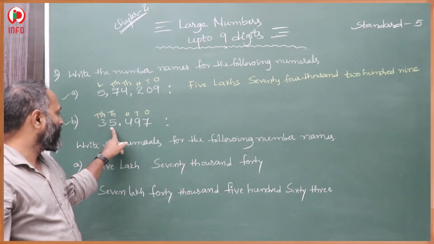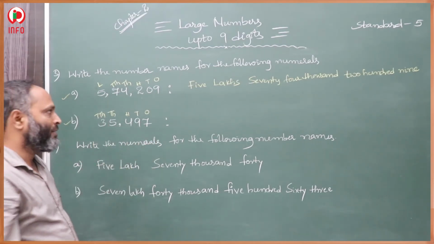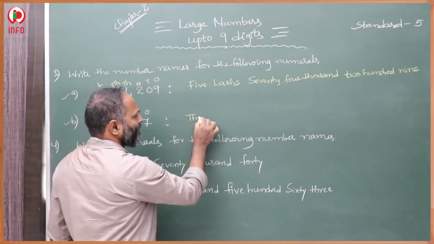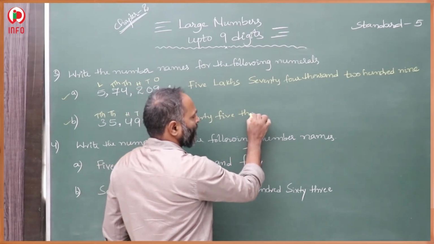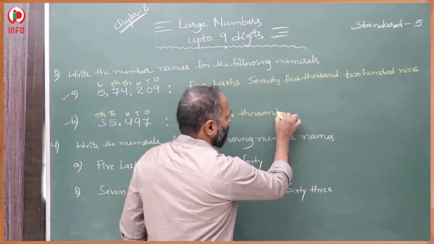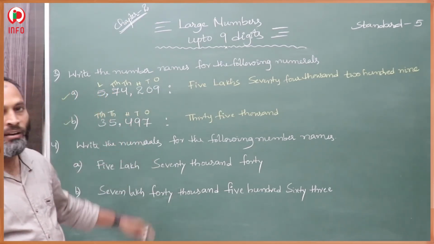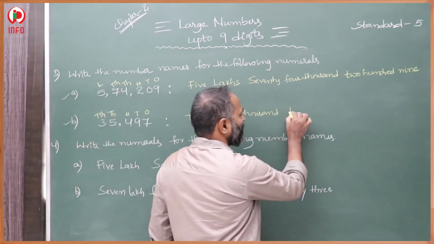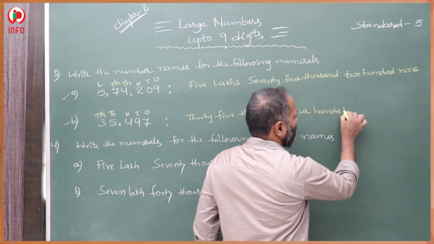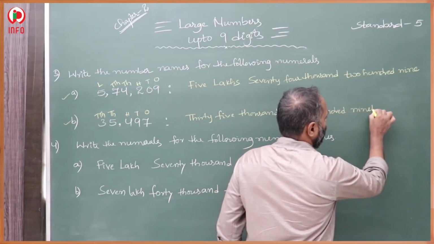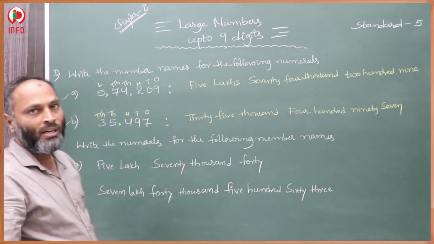This is the thousands period, this is the ones period. 35,000 first, then 35,497.